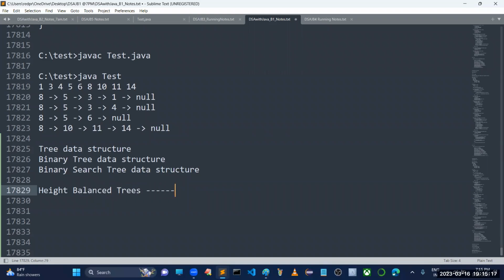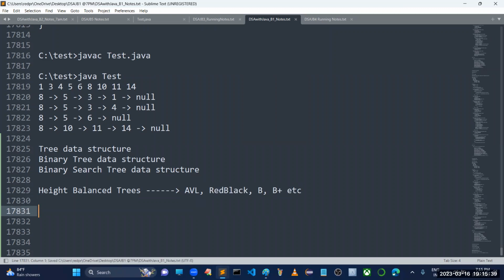For height balanced trees, we have so many trees, like AVL trees, red black trees, B trees, B plus trees, and many more.